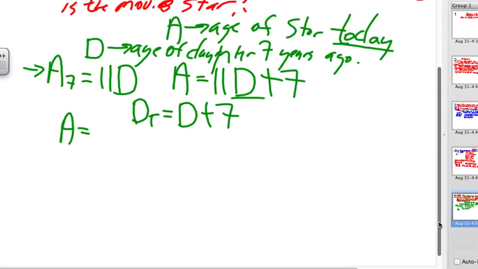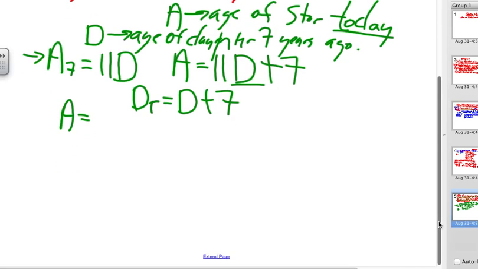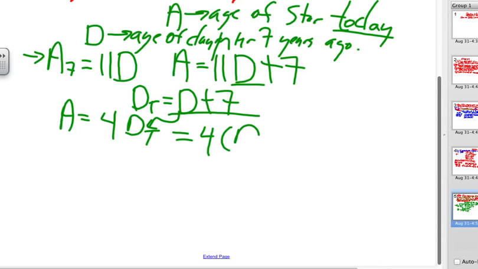Okay. So the age of the actor today is going to be 4 times the age of his daughter today. We know what the age of the daughter today is. It's D plus 7, so I substituted into here. So it's going to equal 4 times (D plus 7). So now I have 2 equations here.